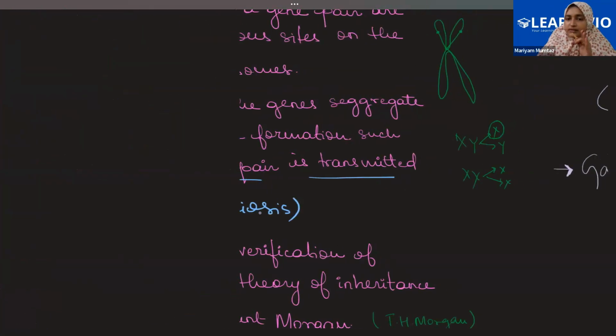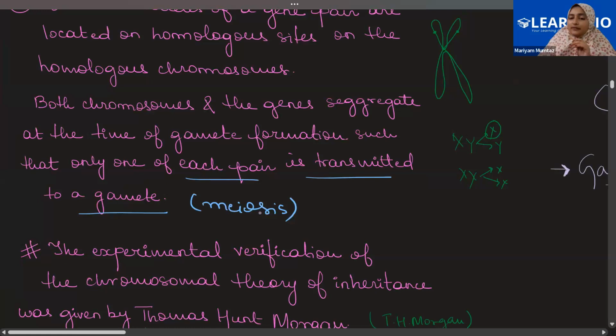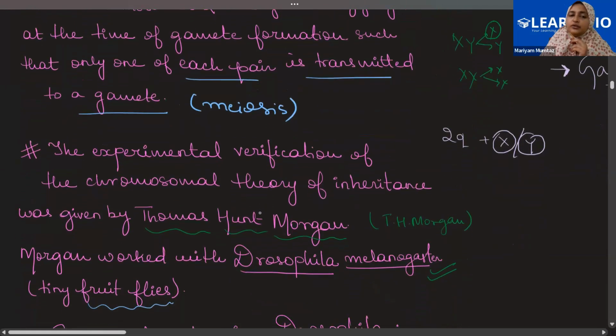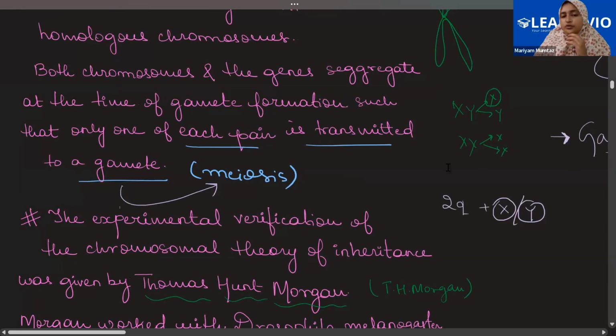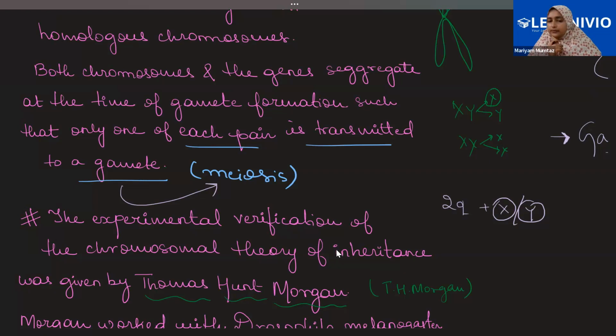So this is what this line is saying, for example, 22 plus X or Y. Either the X will go into the gamete or the Y will go. Only one of them will go into the gamete. And we know that gametes are formed by meiotic division. So this was, all in all, the chromosomal theory of inheritance. Is this whole theory clear to you?